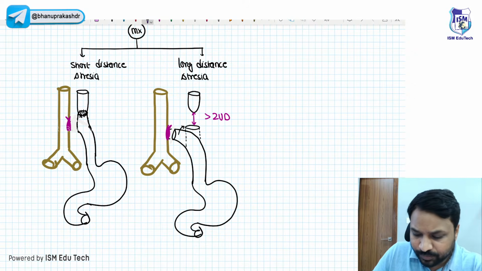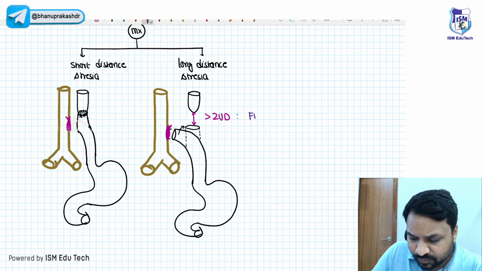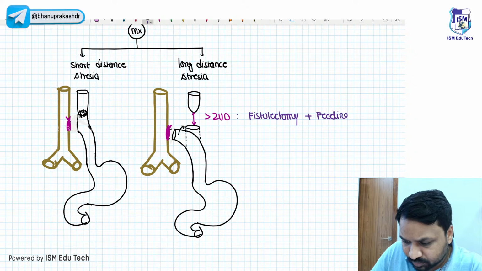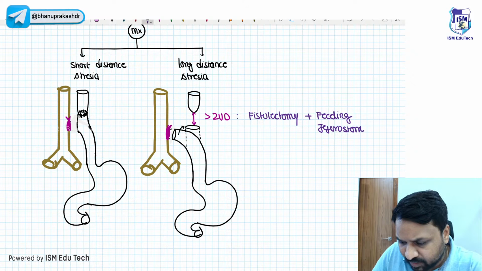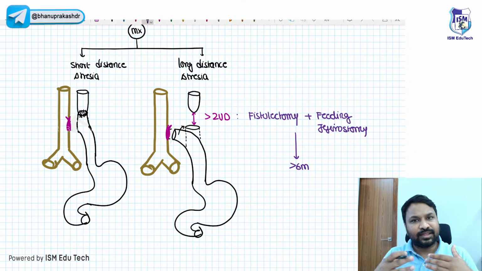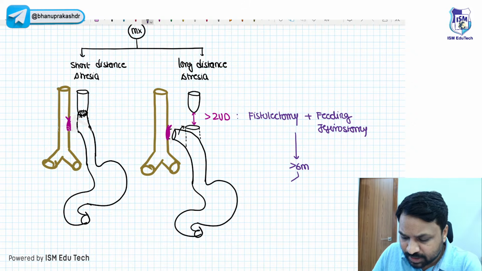So initially I would do a fistulectomy with feeding jejunostomy, and I will leave it for the next 6 months. After 6 months, if the length is adequate, we'll go with primary anastomosis.